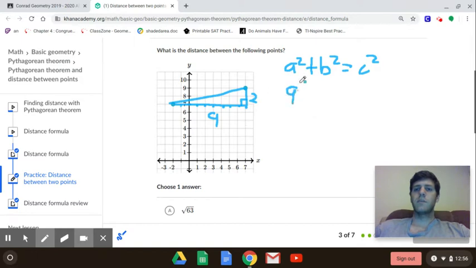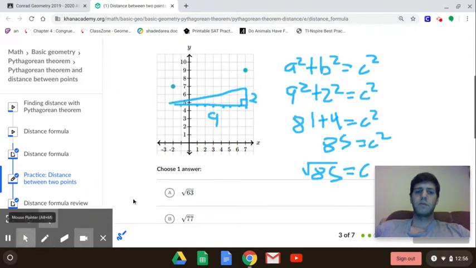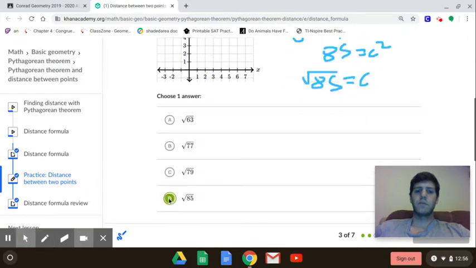Okay, so that's 9 squared plus 2 squared equals c squared. That's 81 plus 4. That's 85. So that's going to be square root of 85 equals C, right, which is going to be answer choice D.